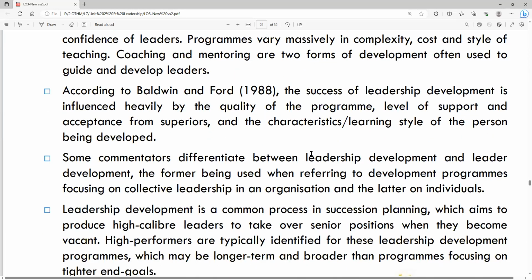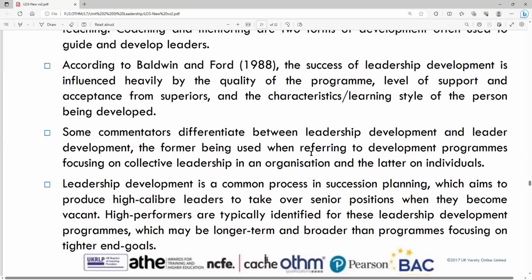But some commentators differentiate between leadership development and leader development. Leadership development looks at the programs which focus on the leadership in an organization, rather than looking at the individuals on their own. So the leadership develops the whole thing.